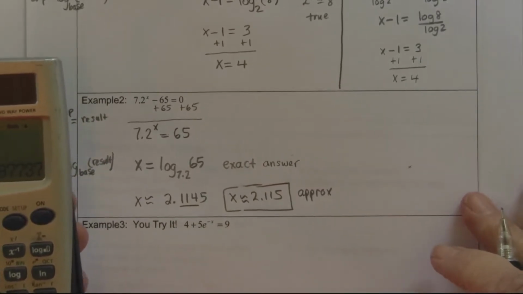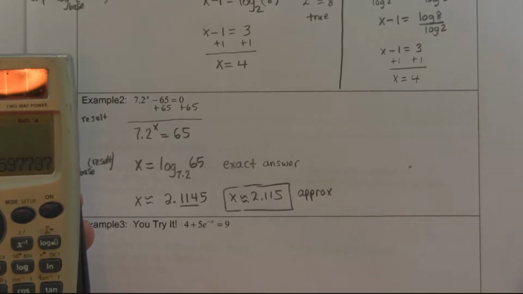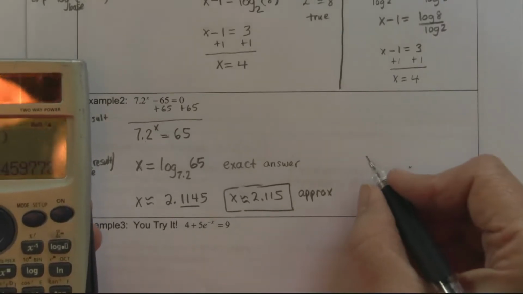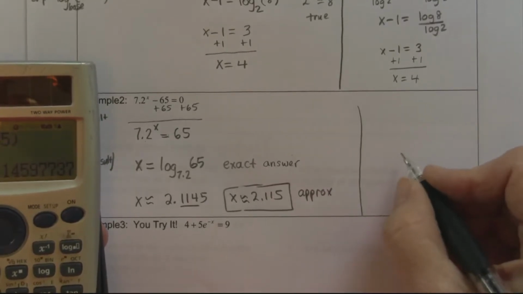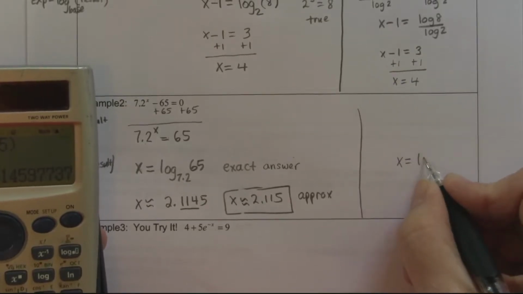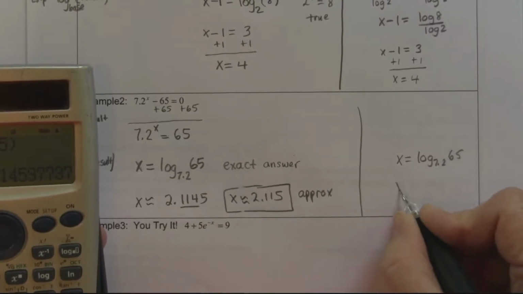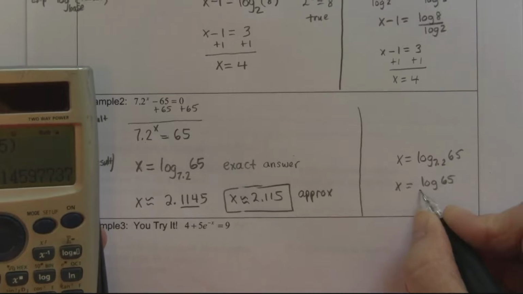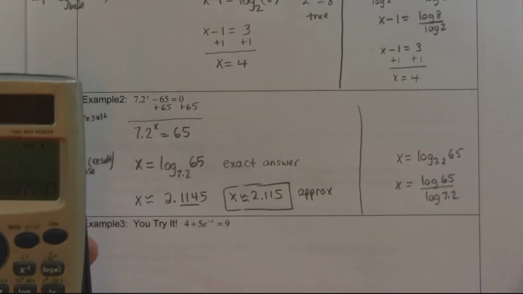Now you don't have to solve it differently just because your calculator doesn't have log 7.2 on it. You can just use the change of base formula. So from here, if your calculator didn't have it, what you could do is, from x equals log base 7.2 of 65, you can just say that this is log of 65 divided by log of 7.2 using the change of base formula.